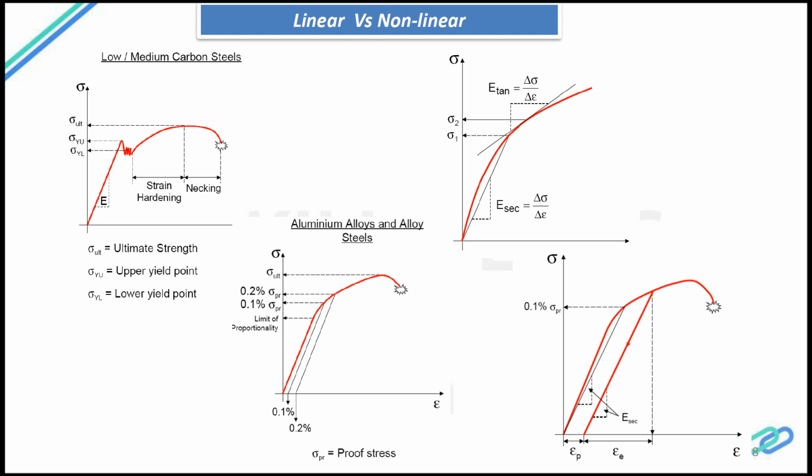We can consider it as a straight line, and then we can calculate the secant modulus, and then feed this secant modulus into the Young's modulus tab in the FE tool.